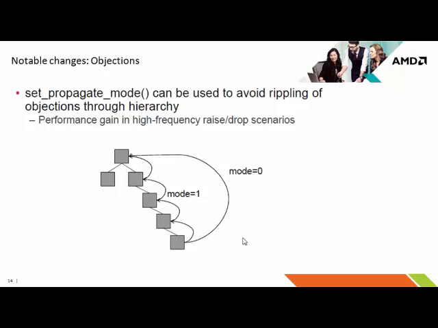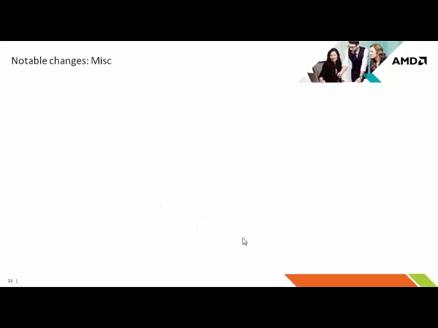And it wasn't always particularly useful to ripple it up. So you've now got a set propagate mode, which will allow you just to say only ripple up to the topmost class in the hierarchy. You can use that to improve performance if that actually gives you a performance gain. That's there just for performance reasons.